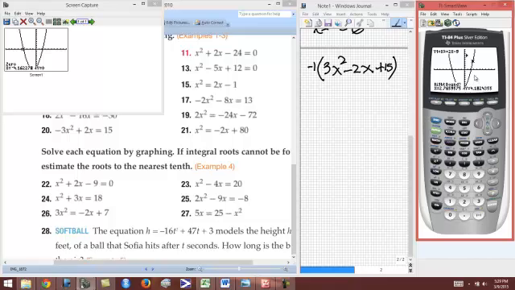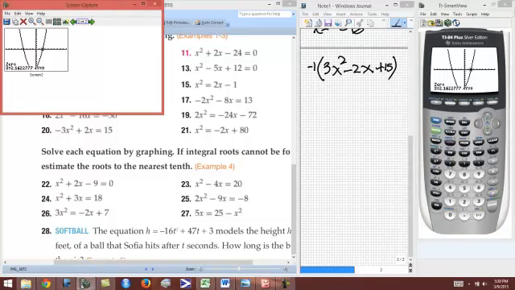Okay, now y is positive, so I know I'm to the right of the 0 that I'm interested in. So I hit enter. So here's the interval on the x-axis within which the calculator will estimate the x coordinate of this 0. So I hit enter. And so at approximately 2.16 on the x-axis, y equals 0.